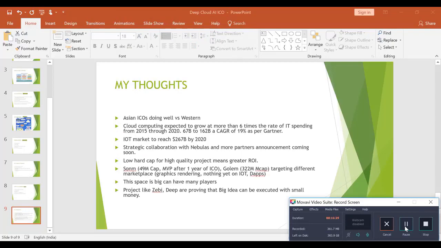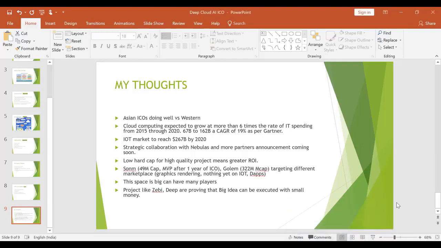Finally, my thoughts. Here is what I think about this project, and whether I will invest or not. Like I have said earlier, Asian ICOs are doing well versus US, UK or Western ICOs, and this comes from Singapore, so this is pretty much an Asian ICO. Cloud computing is expected to grow at more than 6 times the rate of IT spending from 2015 through 2020.